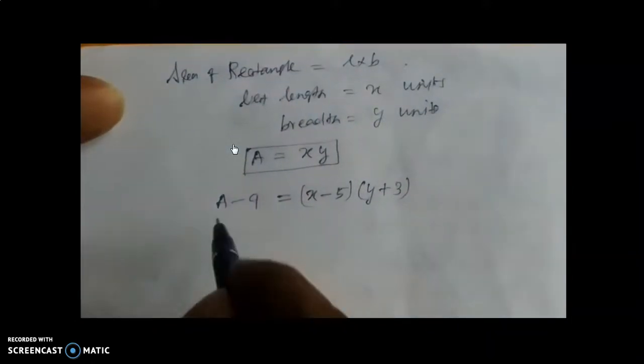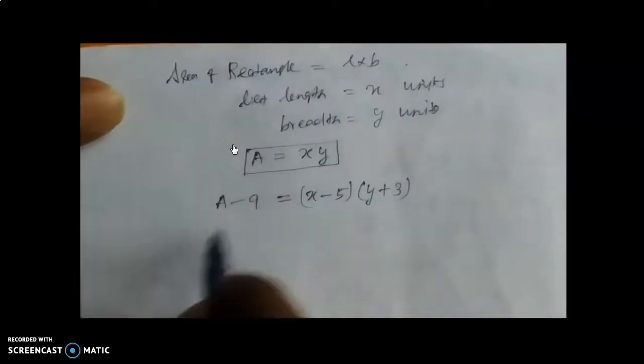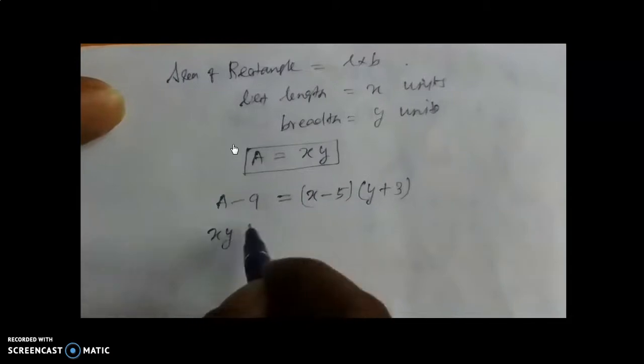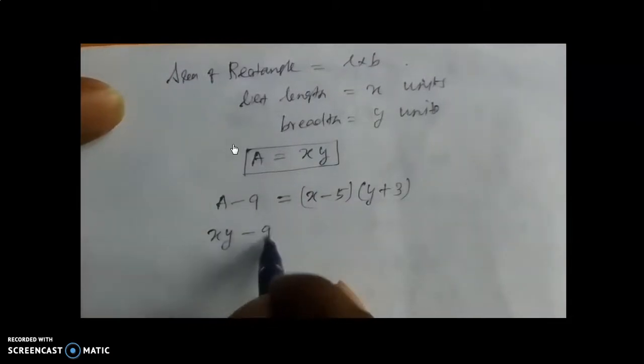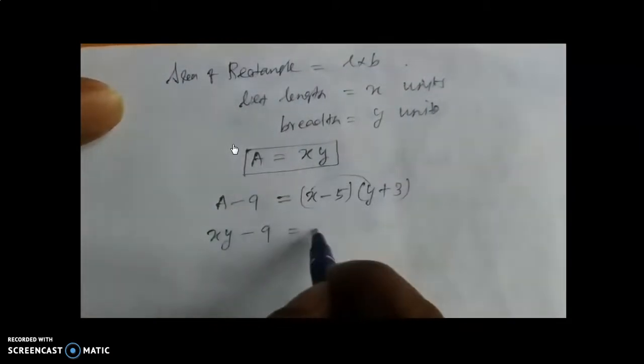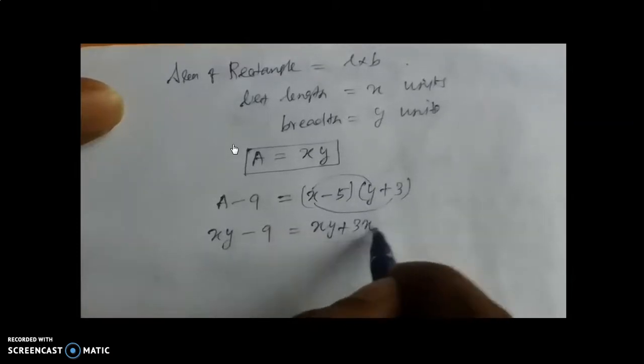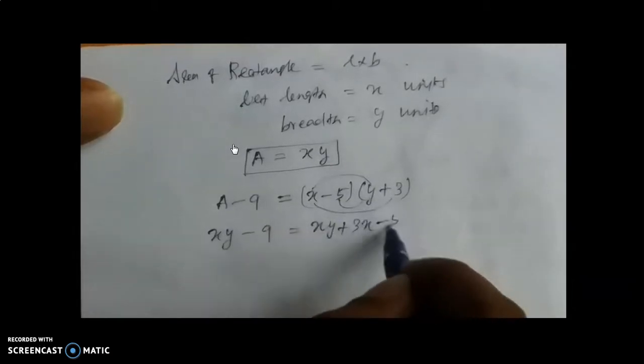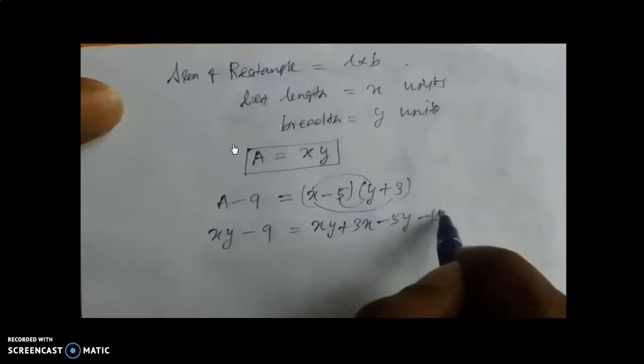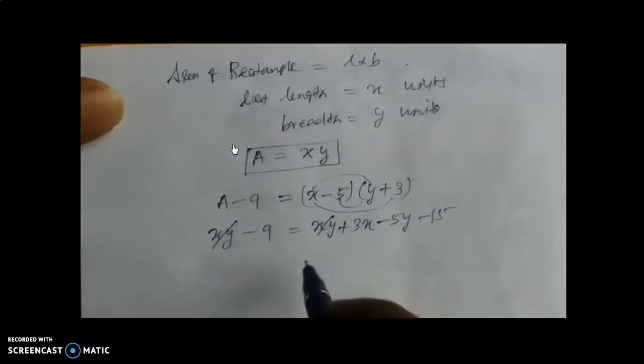Here A is nothing but xy, so the changed area is xy minus 9 equals, now multiply. xy, and multiplying with the 3 gives plus 3x, and multiplying minus 5 gives minus 5y and minus 15. So we can cancel xy.